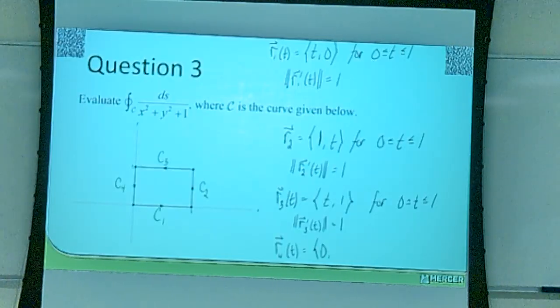Now x is 0, right, for R4. Y goes from 1 to 0. So again, more than one way to do it, but I think what I'm going to do is parameterize it to go from 0 to 1, and then flip the direction when I go to do the sum.